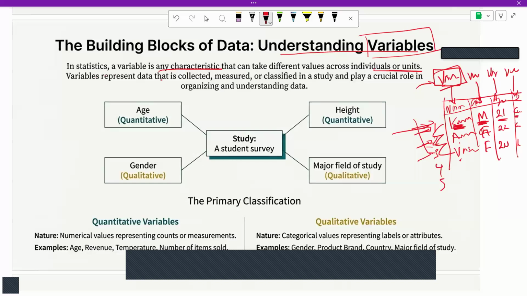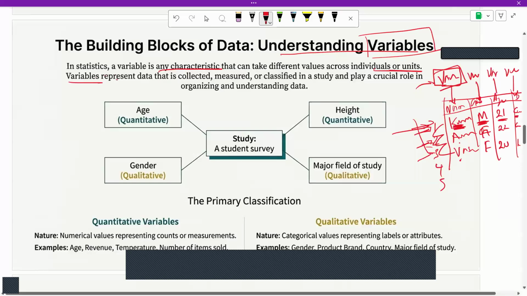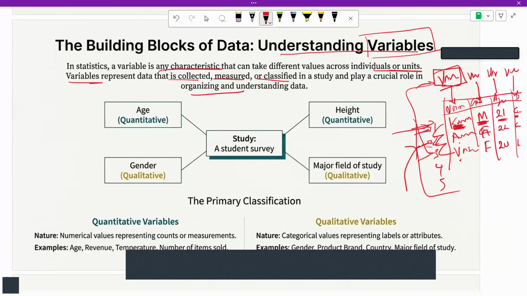Variables represent data that is collected, measured, and classified in a study, and play a crucial role in organizing and understanding data. So this is a data set about participants in an activity, a participant database.